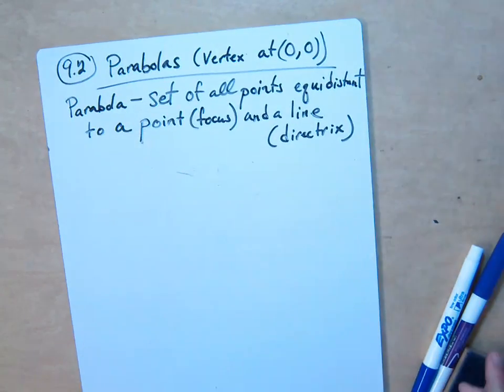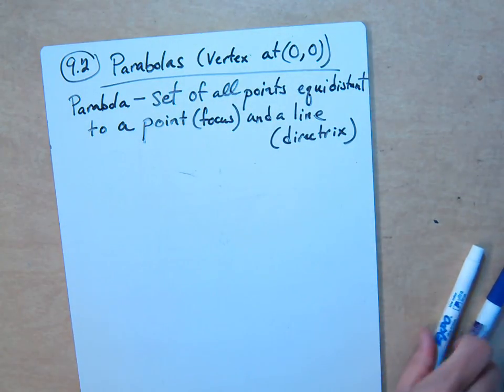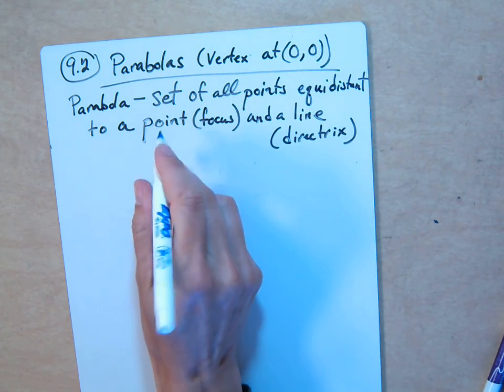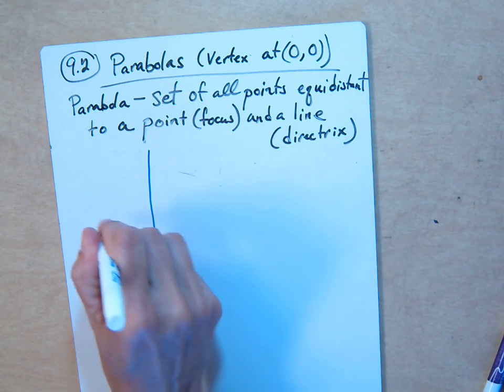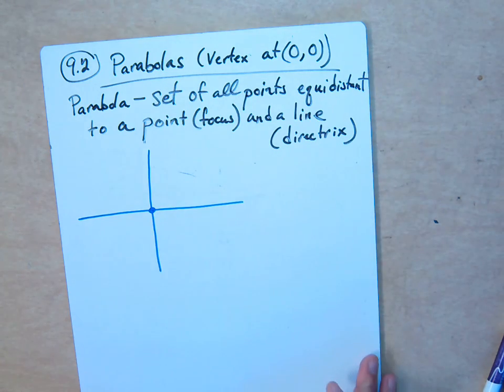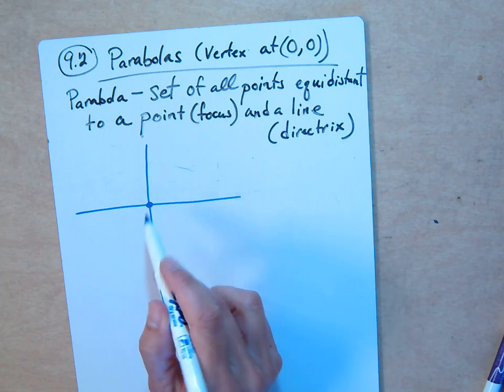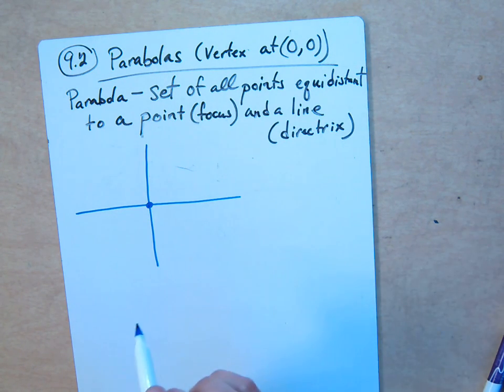So I'm going to draw a picture of what this looks like. Remember, the vertex of the parabola is at 0, 0 for everything we do. And then we have to figure out, does it open to the right, left, up, or down? But the vertex is always at 0, 0 for now.